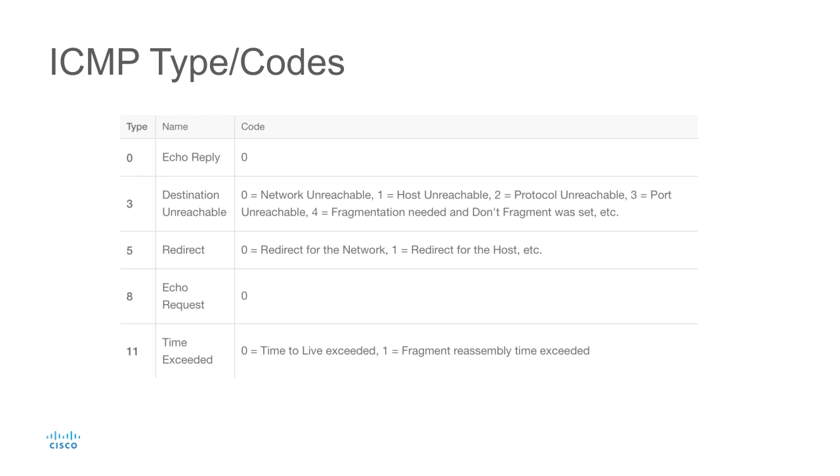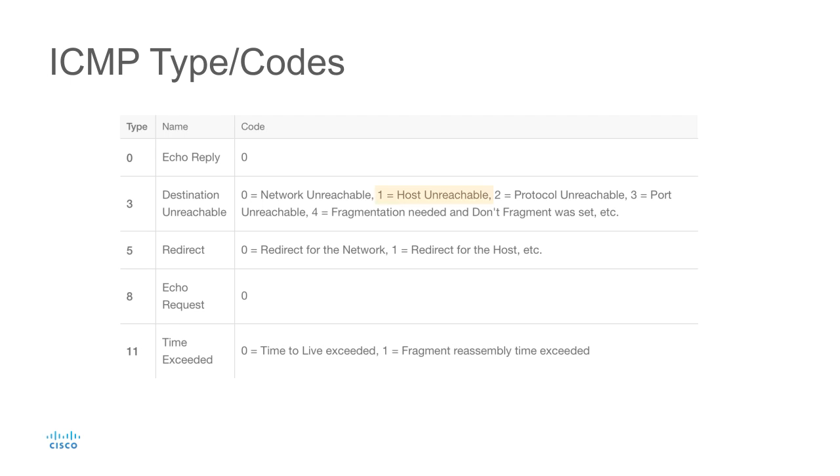Now, there are occasions when we are going to get a message back and it is going to indicate that the destination is unreachable. Again, this is going to be a value that is provided by a type code, and that type is going to be type number 3, and the code will vary. A code of 0 would indicate the network is unreachable.